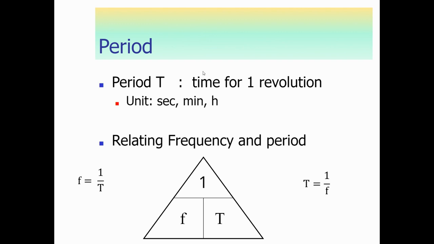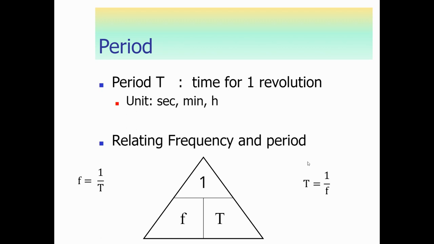And then period. Write down that period is capital T, the time for one revolution. And then this bottom bullet: most of the time the unit for that is going to be seconds. Frequency and period are the inverse of one another.